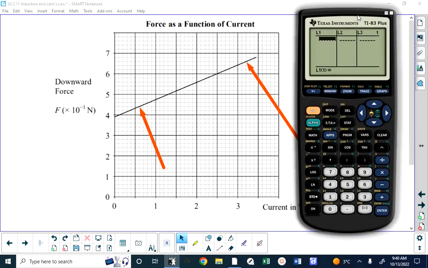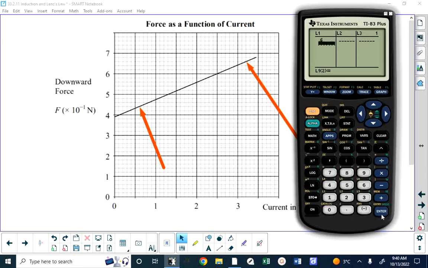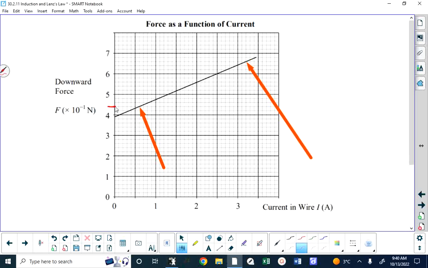So I can put in for X 0.6, and for Y on the other side, for L2, let's see, 5 squares is 1, so each of these is 0.2, 0.2, 0.4, 0.6, 0.8, 1. This, however, is times 10 to the negative 1. So when I read this Y coordinate here, and I say it's 4.4, it's 4.4 times 10 to the negative 1. Or 0.44.